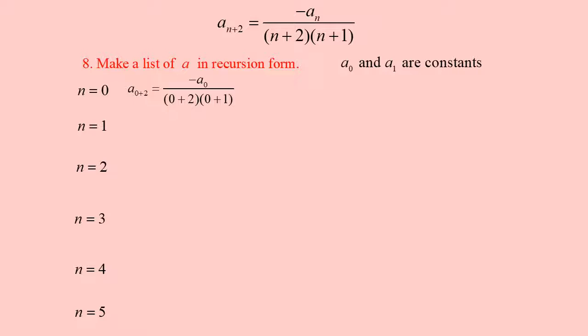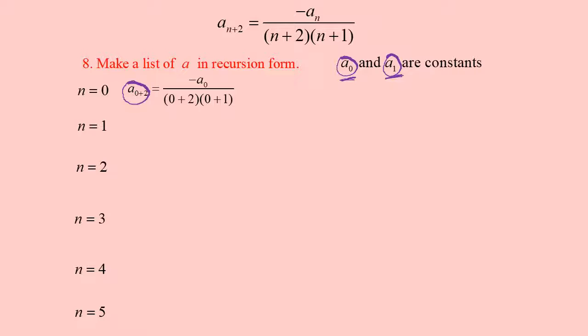Now first off, notice, I know I've already put this up there, but our first thing that we get when we start our indexing at 0 is a sub 2. Well, what does that mean about the a sub 0 and the a sub 1? Well, we know we're solving a second order differential equation, and it's going to have two constants. So we're assuming that the a sub 0 and the a sub 1 are our two constants.